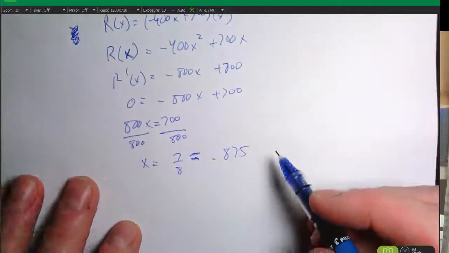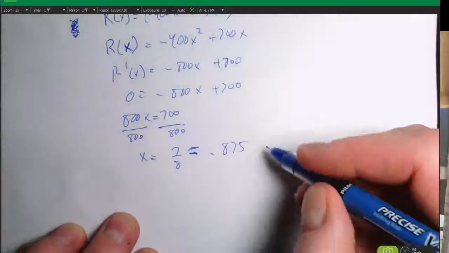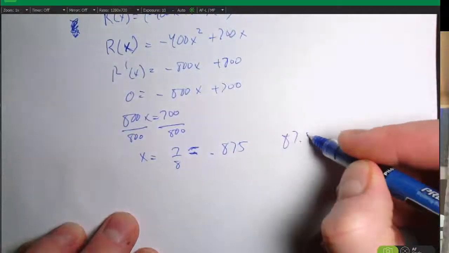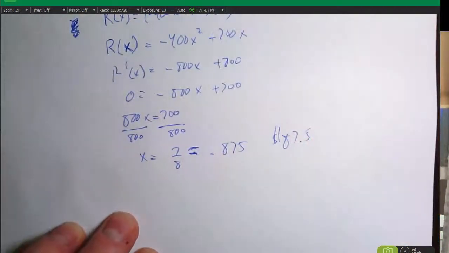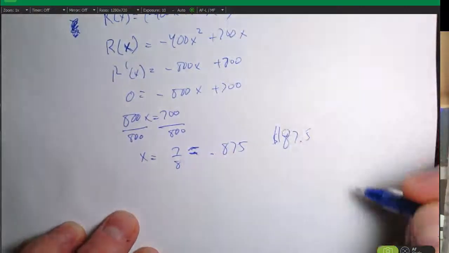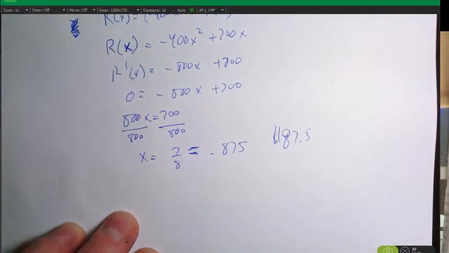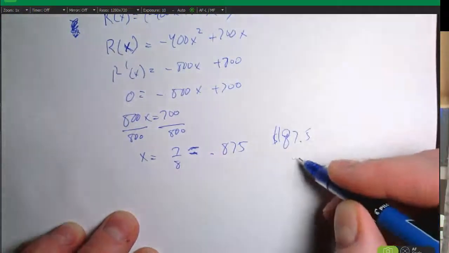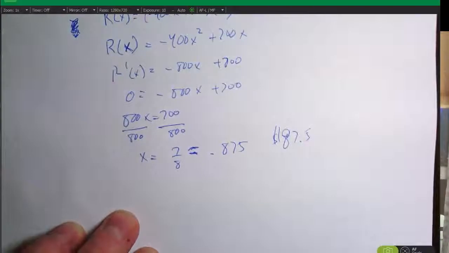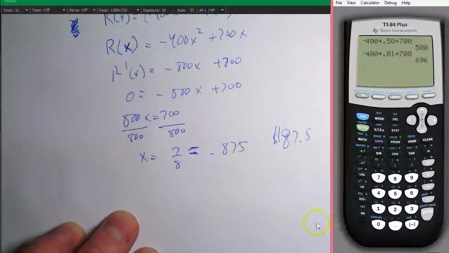So if we want to max out our revenue, we would need to sell them for 87.5 cents per cookie. Now that's not possible. So what we'd probably have to do is double that. 0.875 times 2, I think, is $1.50. Just make sure. No, wait, 0.875. I don't feel like doing the arithmetic in my head.